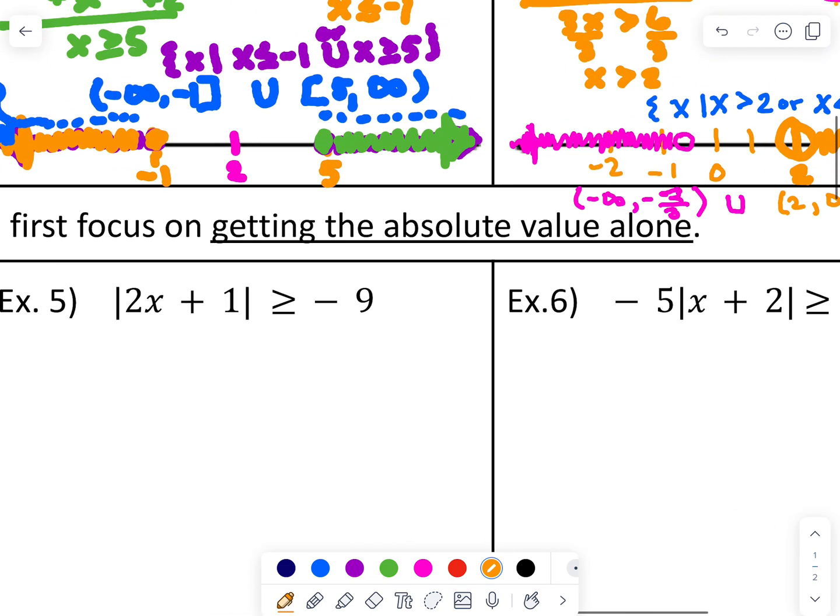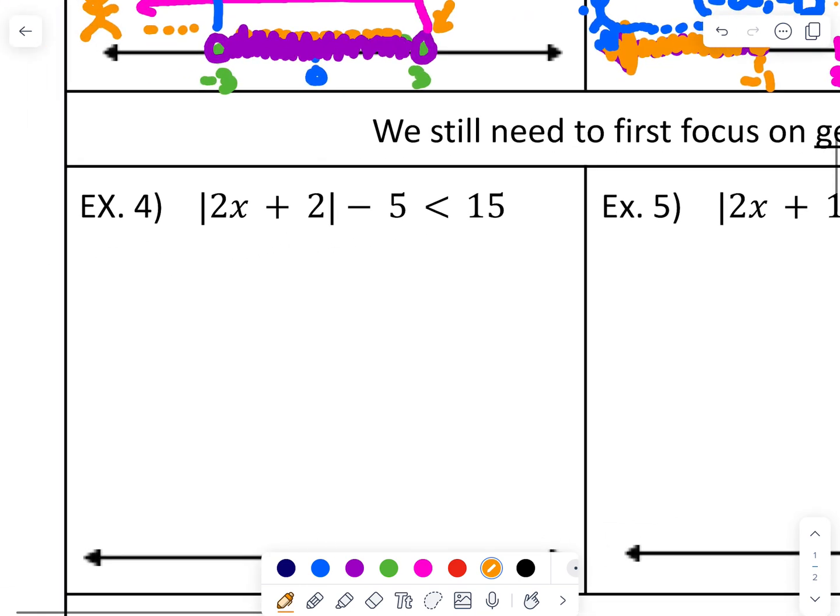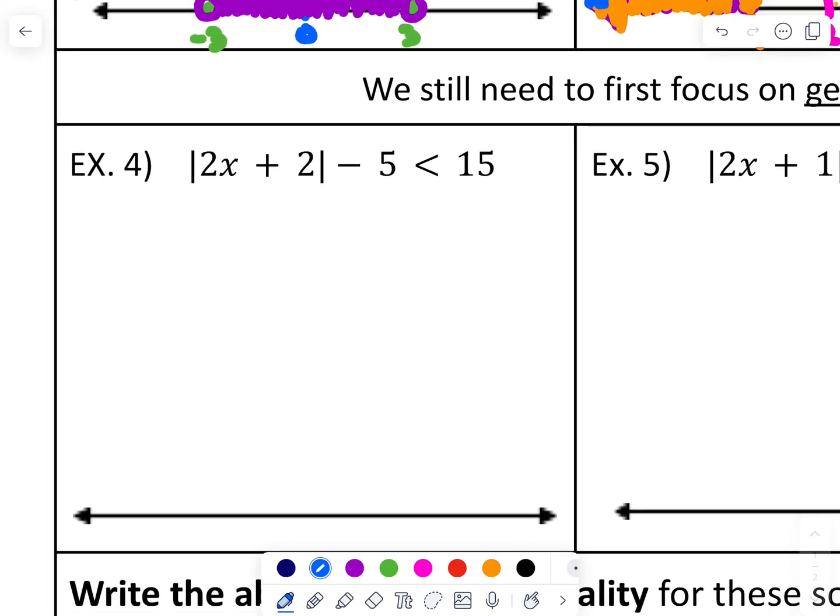So we still want to focus on getting that absolute value alone. Like our first problems had the absolute value alone, but this absolute value is not alone because it has a -5 there. So what we're going to do is we're going to get it alone first. Add 5 to both sides, and adding 5 doesn't change the inequality at all.